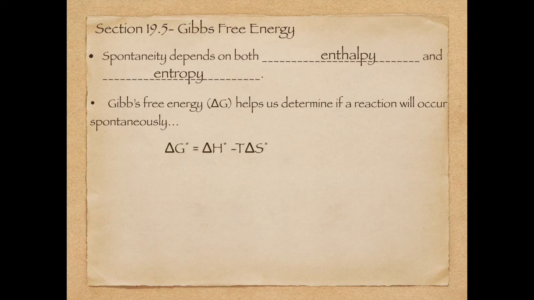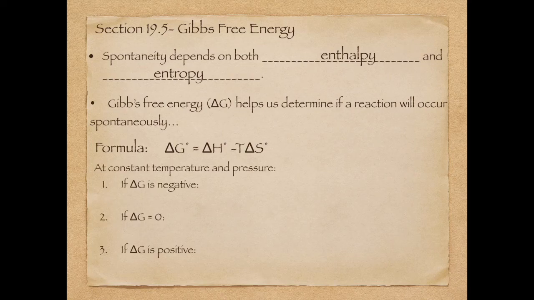And so here's what you need to know. This formula right here relates enthalpy and entropy. Delta G naught, your standard Gibbs free energy, equals your standard enthalpy change, delta H naught, minus the temperature times your standard entropy change, delta S naught.